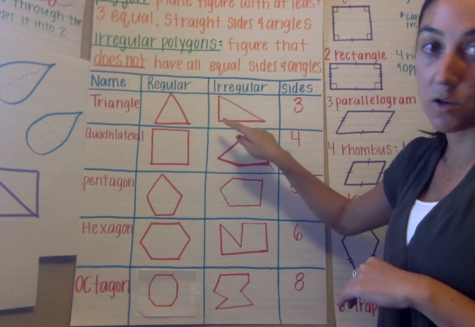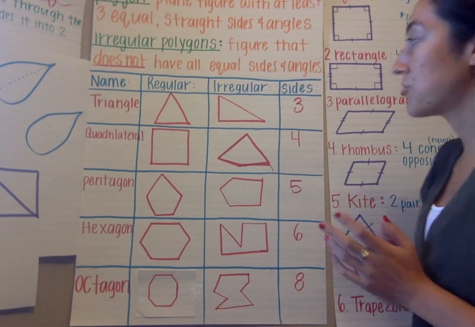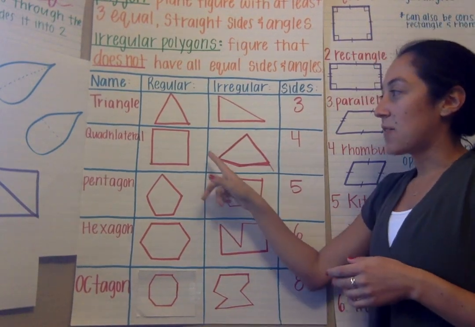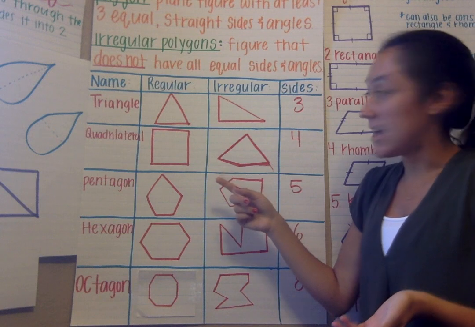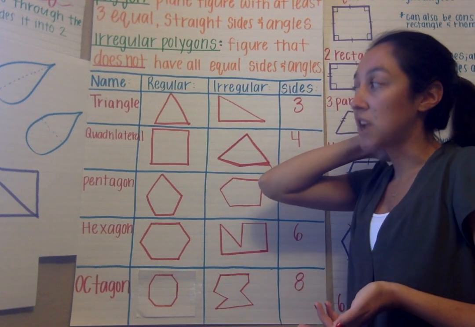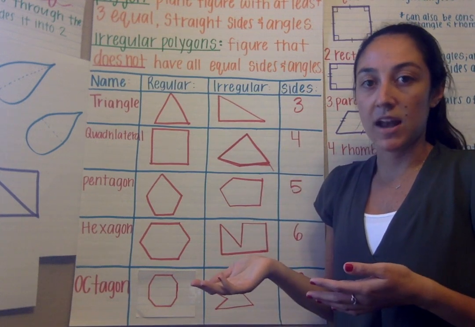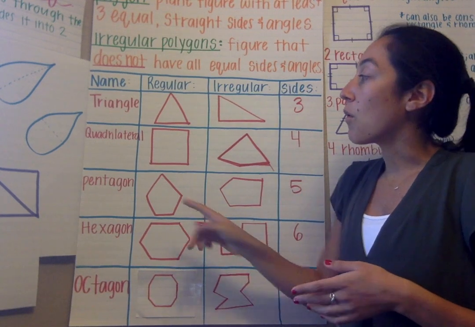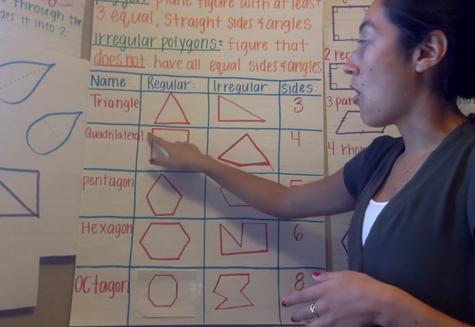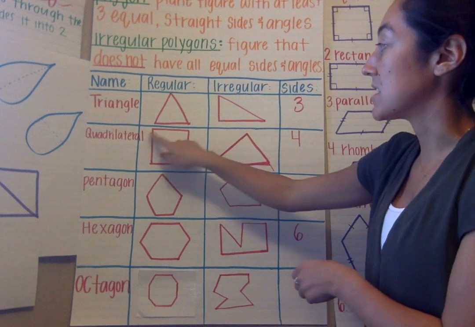Irregular, not equal sides. The next one we're going to go on to is a quadrilateral. You might be saying, well, this is a square. You're right, it is a square, but quadrilaterals, there's multiple shapes that have 4 sides, but not all of them are going to have all equal sides. The only quadrilateral that's going to have all equal sides is a square. So that's why you're seeing this one here.